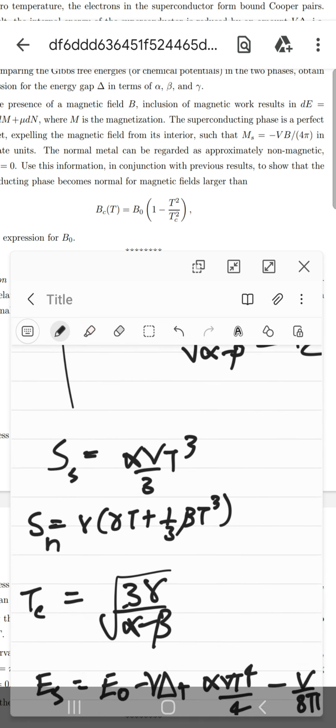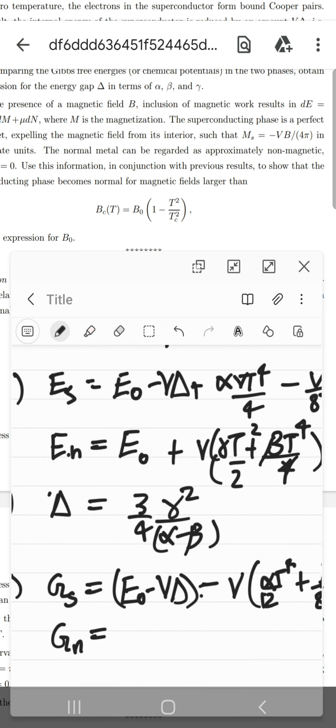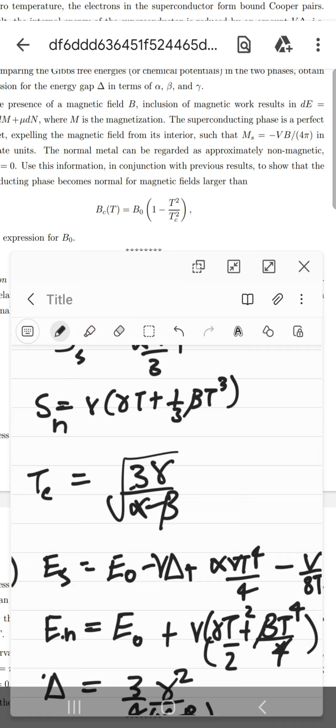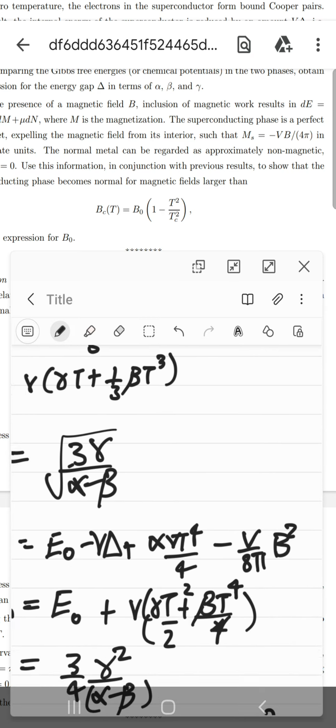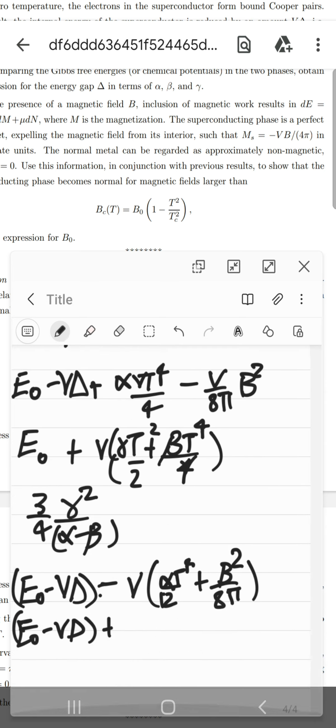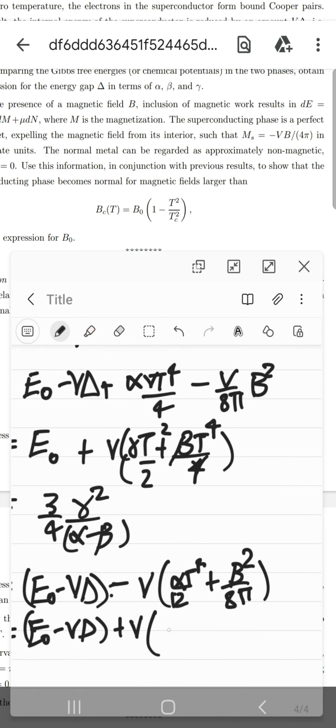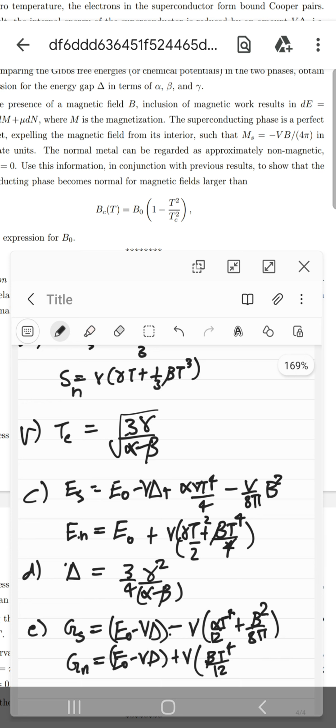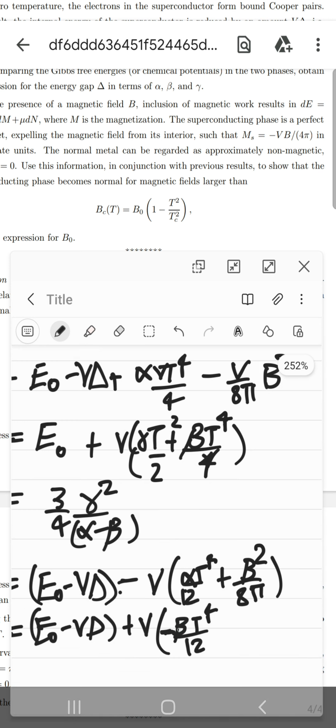So you just have this thing, E and all that. Just got E naught minus V delta plus this whole stuff minus the entropy, so T times the entropy basically. Okay, you're gonna get the same stuff. So just V gamma T square by 2 plus, so I'm just gonna put the big one before that, beta T power 4 upon 12. Right? Okay, that's negative of that, so negative of this thing.